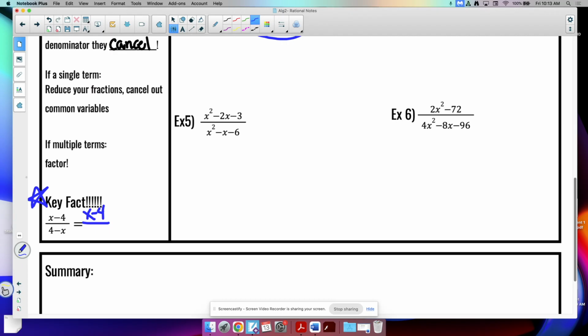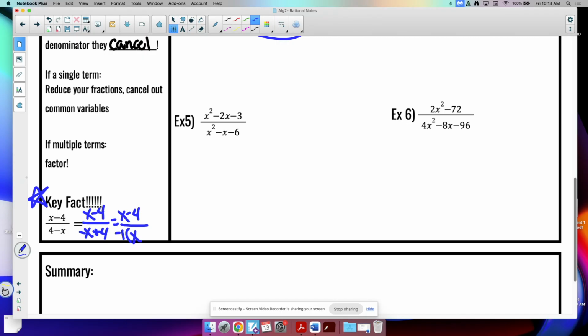So if you were to reverse this and write it the normal way, is our x value positive or negative? Negative. Is the 4 positive or negative? Positive. Are these two the exact same? No. However, on the bottom, if we take out a negative 1, what's that negative x going to turn into?